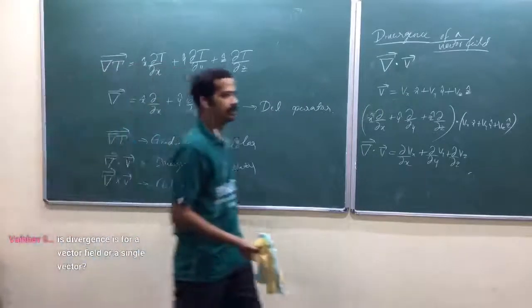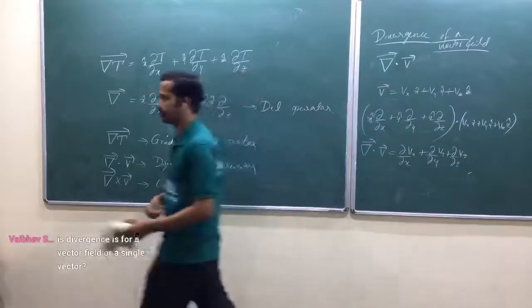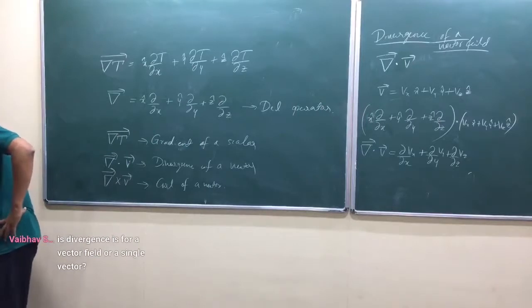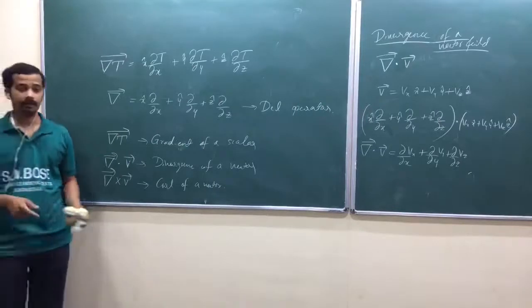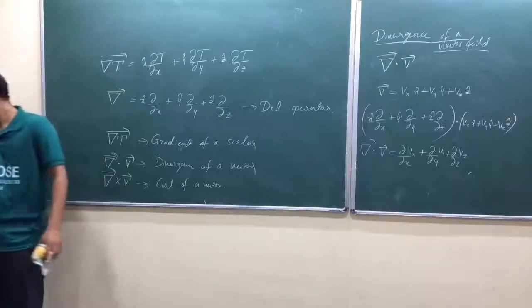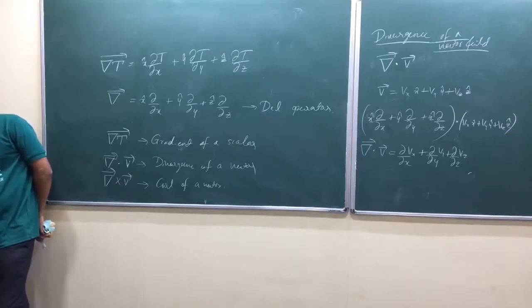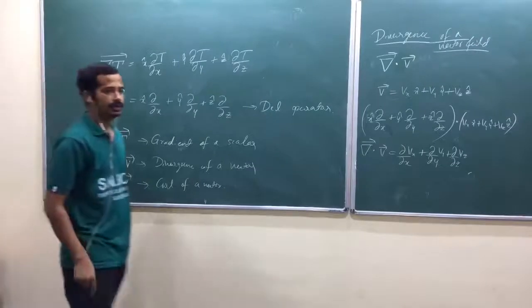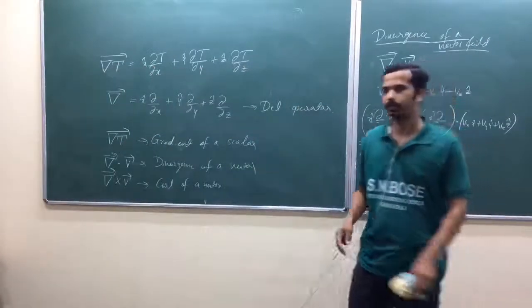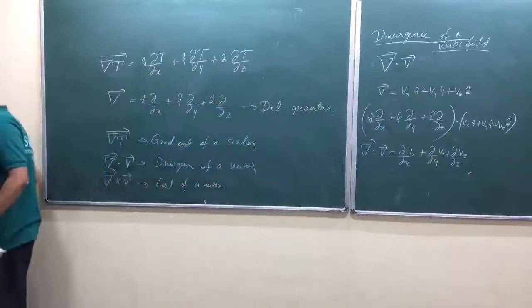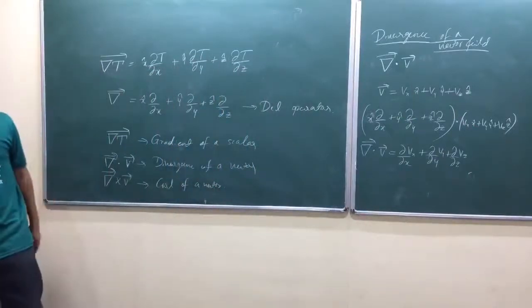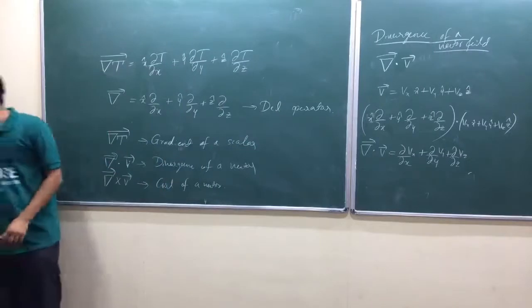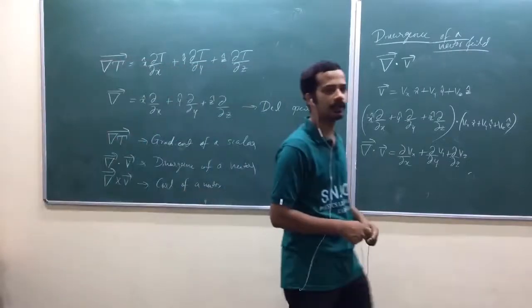Del dot v vector is a measure of how much vector v spreads out, or in brackets, diverges, from a point in question, or from a point of interest.